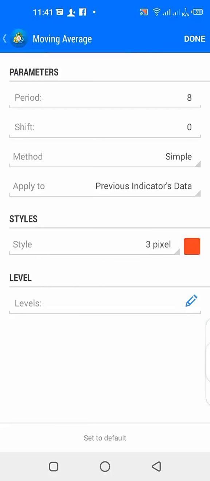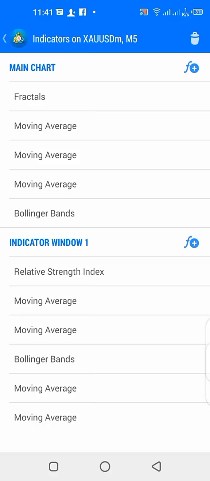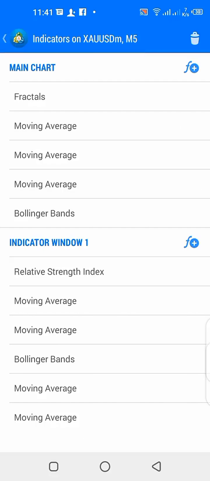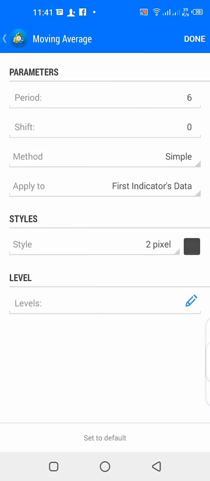Another moving average. Period is 8, shift is 0. Method is simple, previous indicators data, color is red. Okay, these are Bollinger Bands. Period is 34, deviation 1.619, color is black. This is a moving average. Period is 33, method is simple, apply to first indicators data, color is purple.